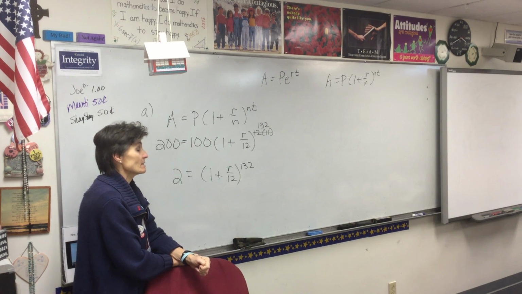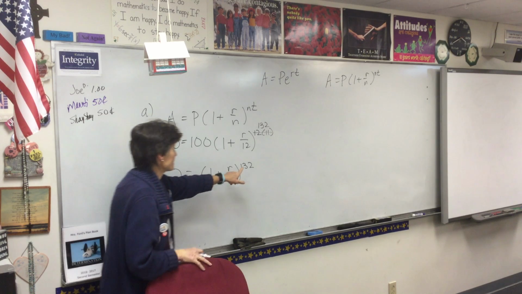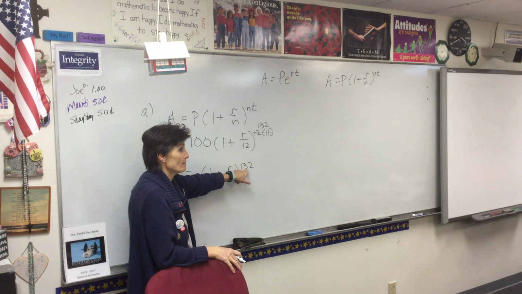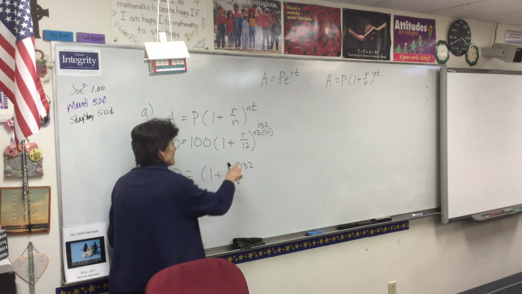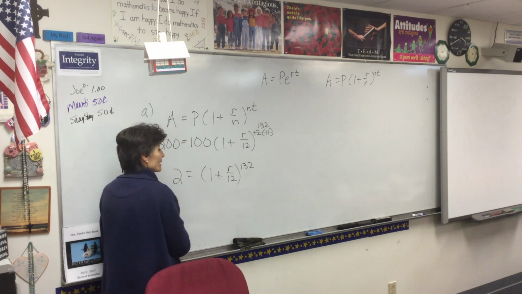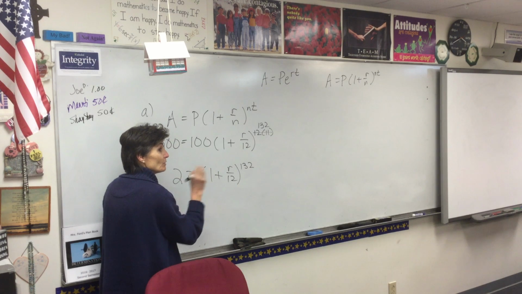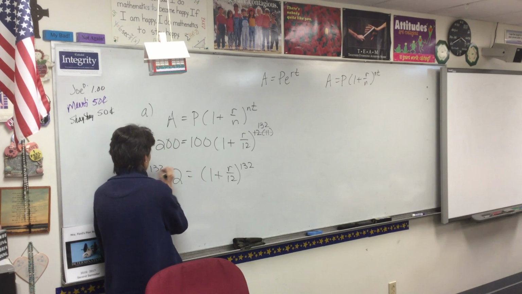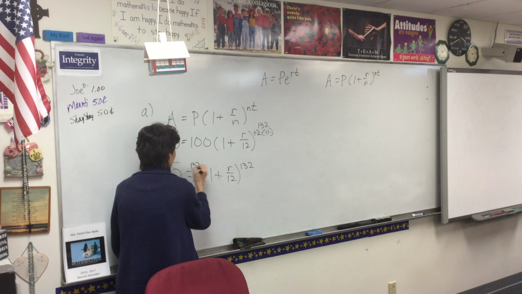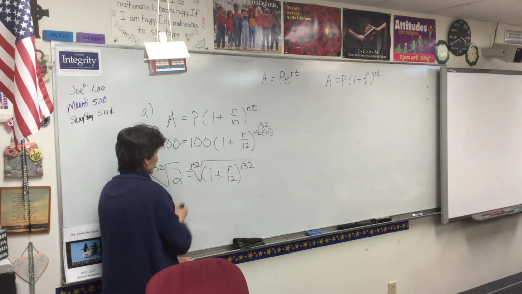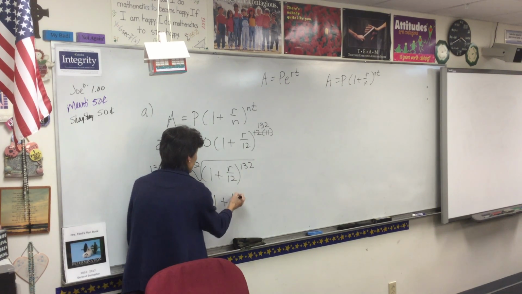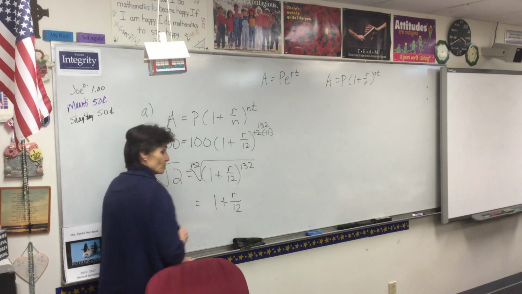The only reason you take the log of both sides is if your variable is up in the exponent, and it's not. So I need to get rid of that 132, but I'm not going to use logarithms. What am I going to do? 132 root it. I'm going to 132nd root it. That's exactly right, because that will leave me with this over here.